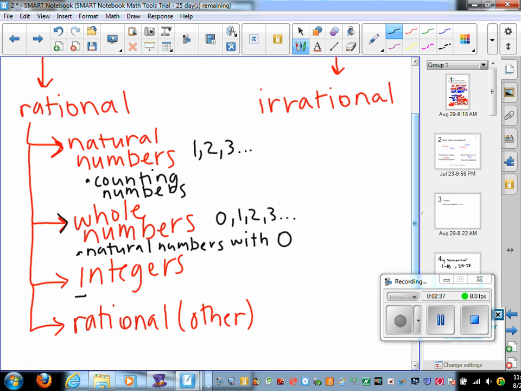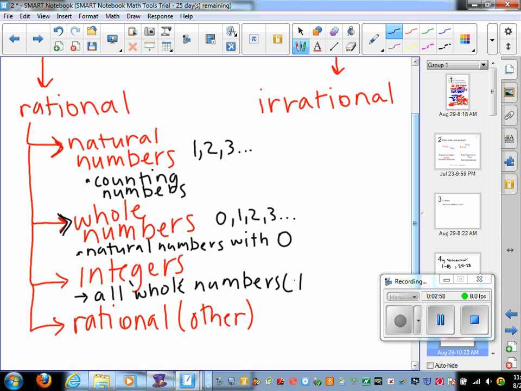Integers are going to be all whole numbers, meaning there's no decimals, no fractions, but they're going to be positive and negative.